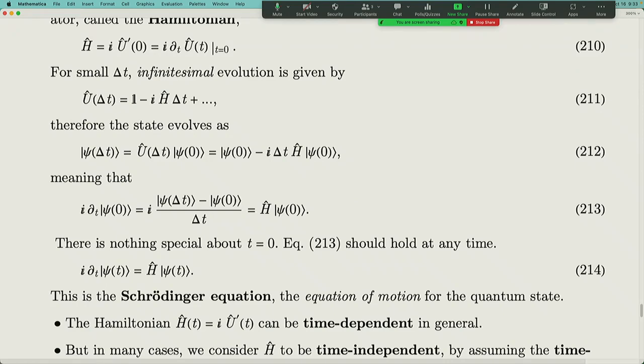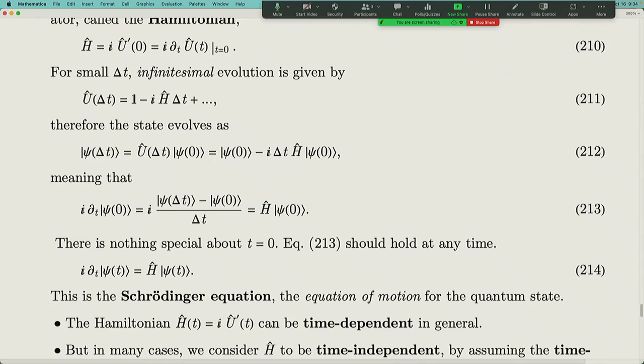And then on the other hand side, if you start from this equation, you can show that what happens on the other side is basically the Hamiltonian operator acting on the state, as a matrix multiplying the state vector. In this derivation, there is really nothing special about t equals 0.